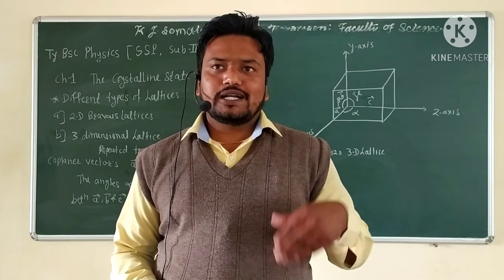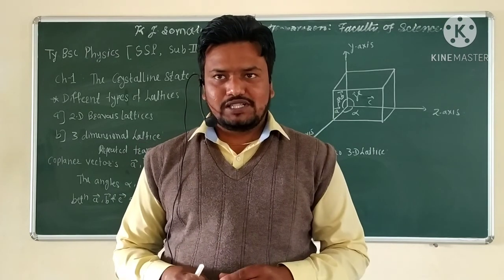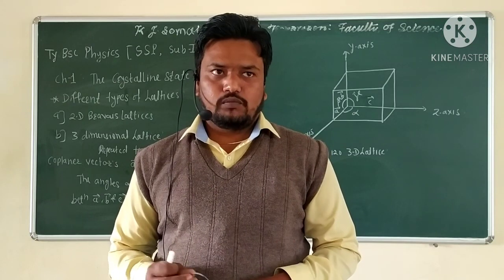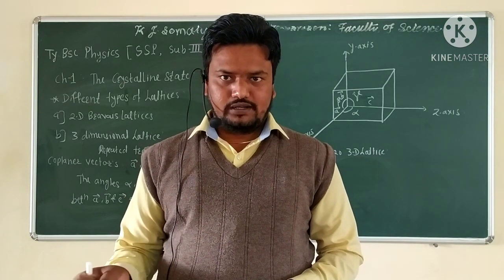These are the seven types of system considered as the three-dimensional Bravais lattice, formed by repeated translation of non-coplanar vectors.